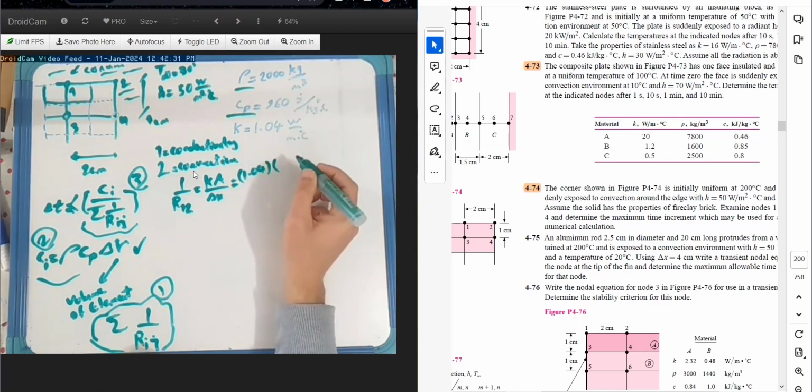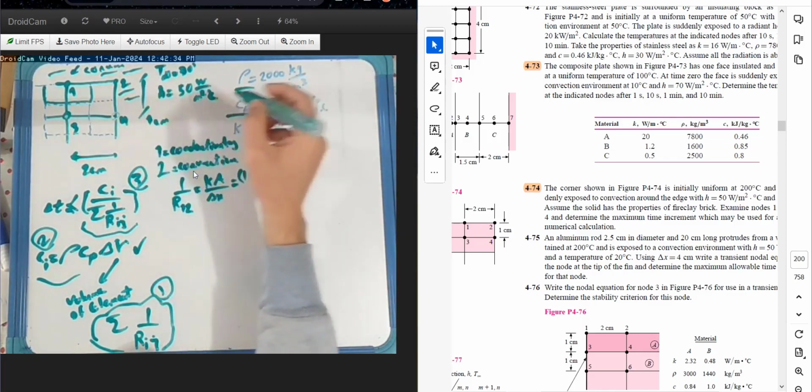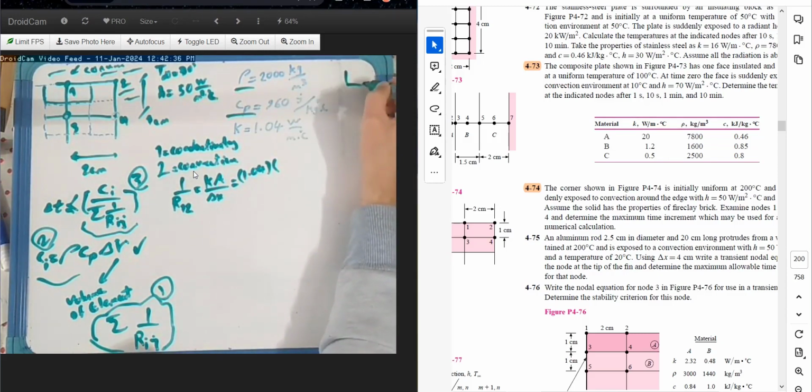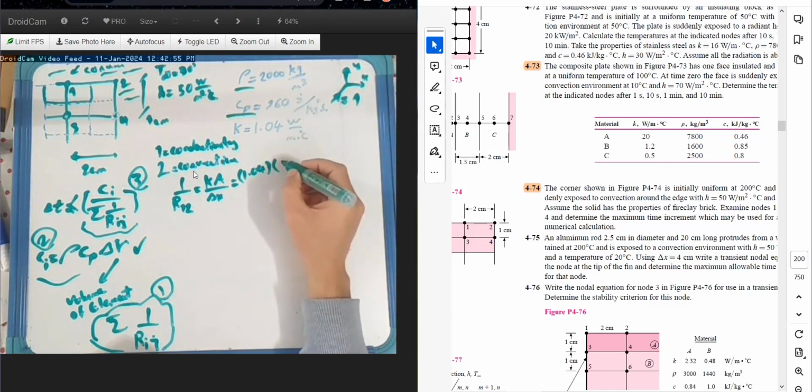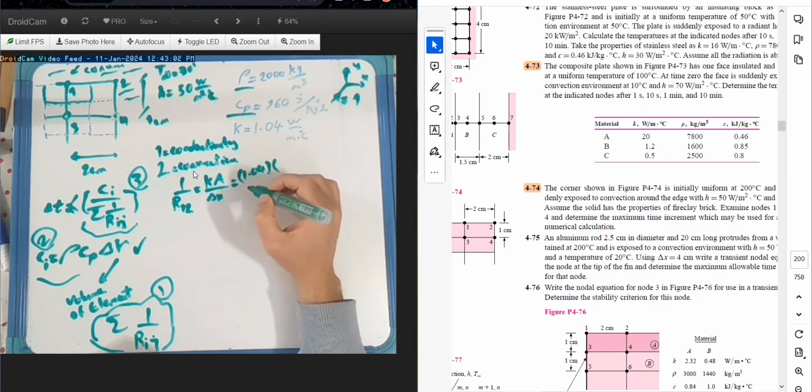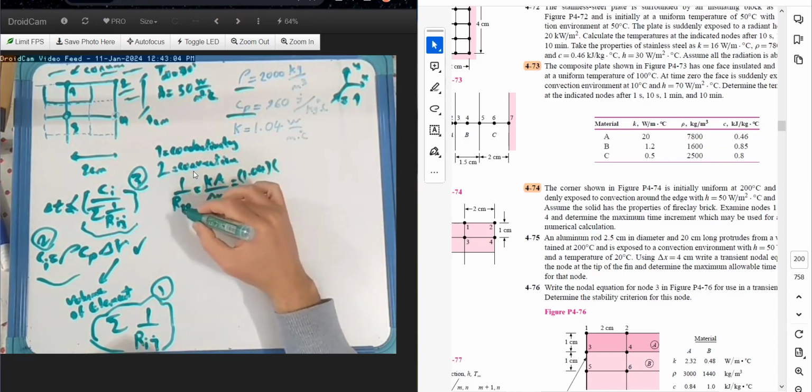What is A? If we assume that in the Z direction, if this is X, Y, and this is the Z direction, we have one unit in the Z direction. So what is the A of point 1 to 2?